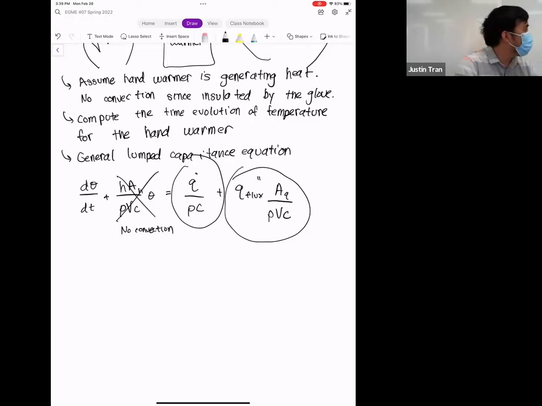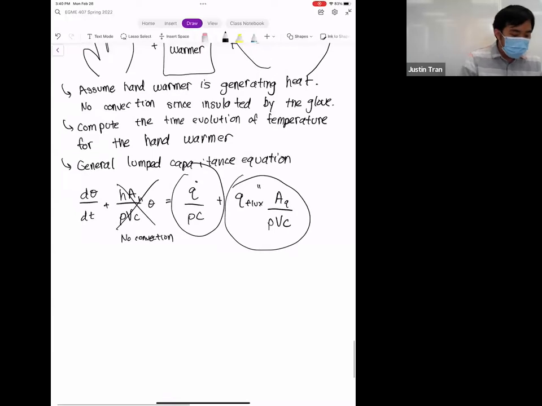I see a lot of unsureness. And so, the purpose of the hand warmer is to warm your hand, right? And so a lot of the heat that gets generated by the hand warmer is going to go into your skin, right? And so all the heat that gets generated by the hand warmer is going to be absorbed by your skin. And so we can say that this here is a heat sink, right? Because it's going to be taking away heat from the hand warmer, right?